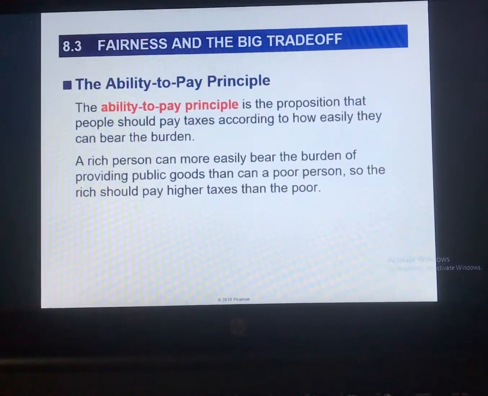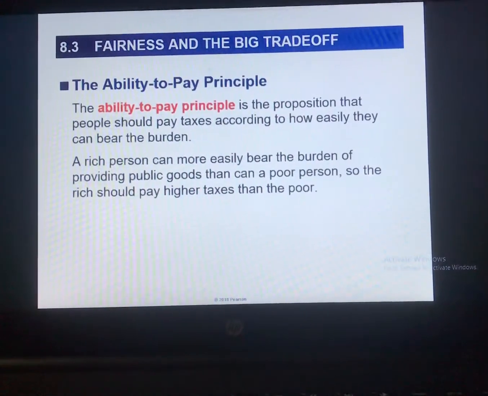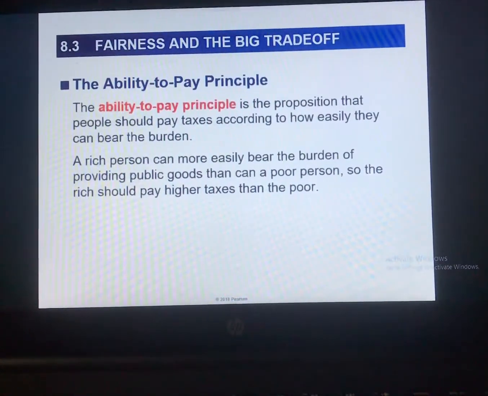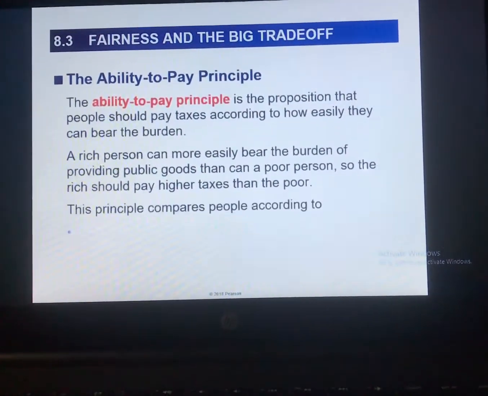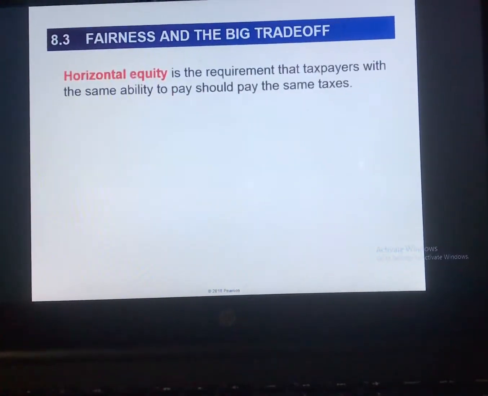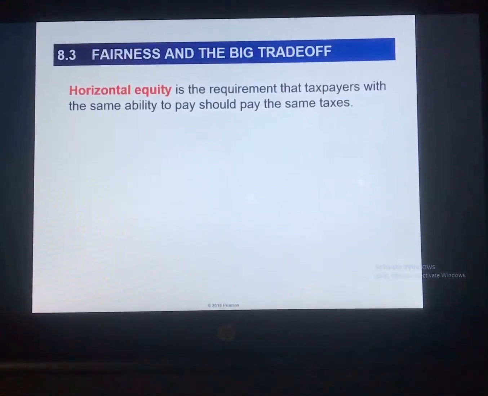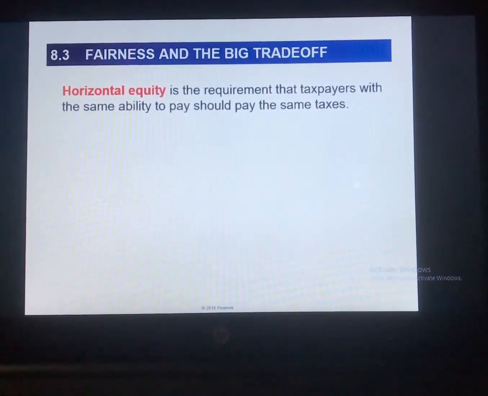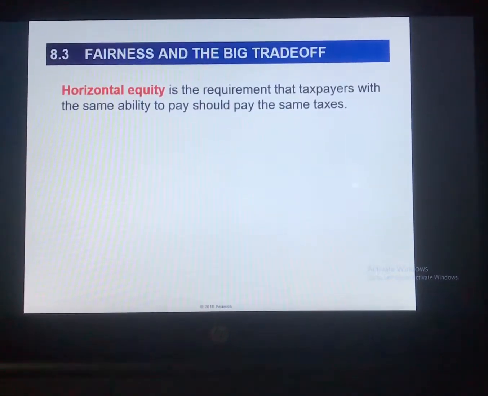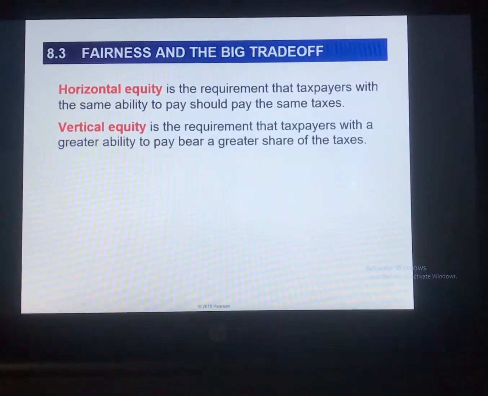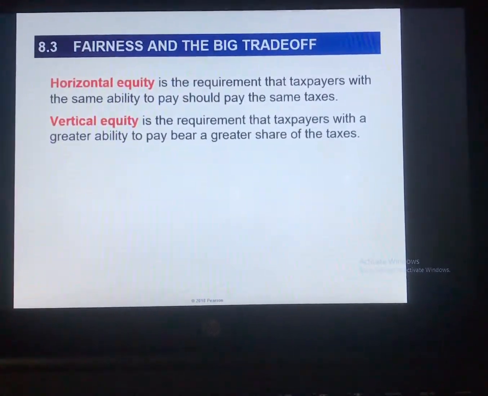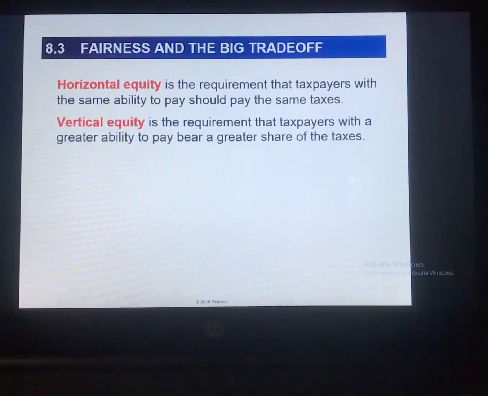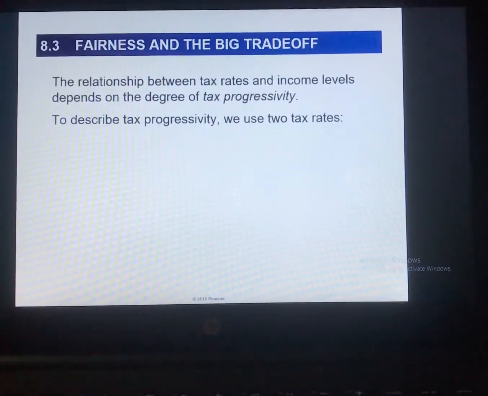A rich person can more easily bear the burden of providing public goods than a poor person, so the rich should pay higher taxes than the poor.